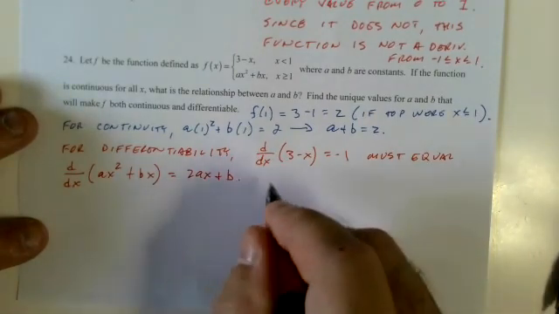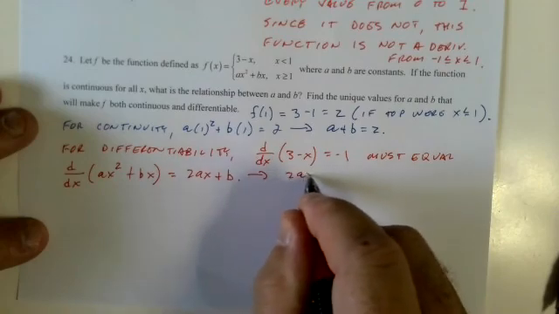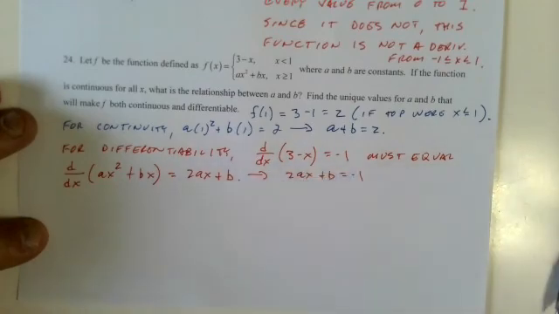So we have a second equation. 2ax plus b has to equal -1.